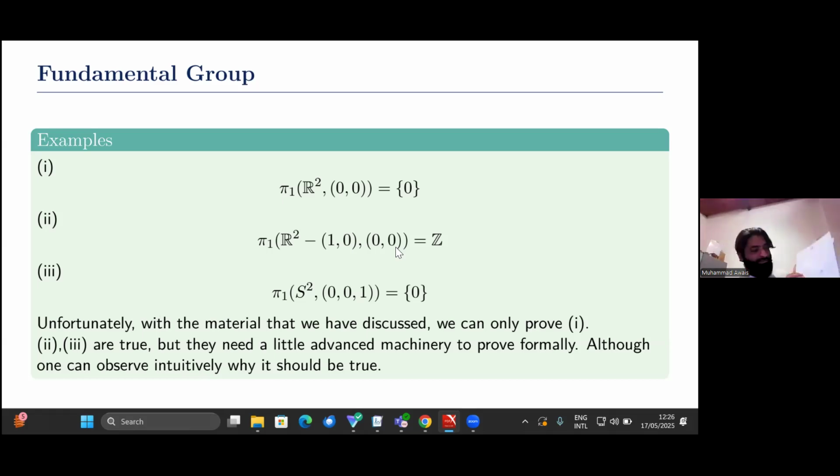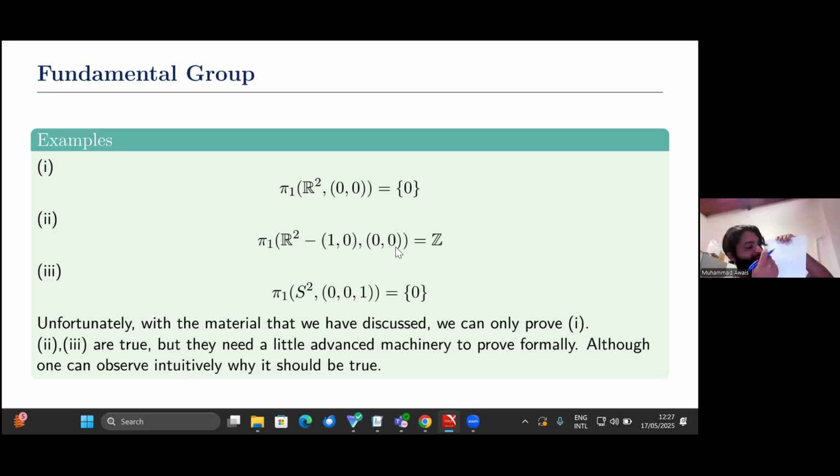If one has this loop, one can see that one can contract it, shrink it, as in the example of R2. But this loop we can't shrink. Whatever you try, when you try to shrink it, there is a gap, so you can't move it continuously. This loop is something you can't shrink. It's not trivial. So this says the fundamental group of R2 minus one point should be something non-trivial.